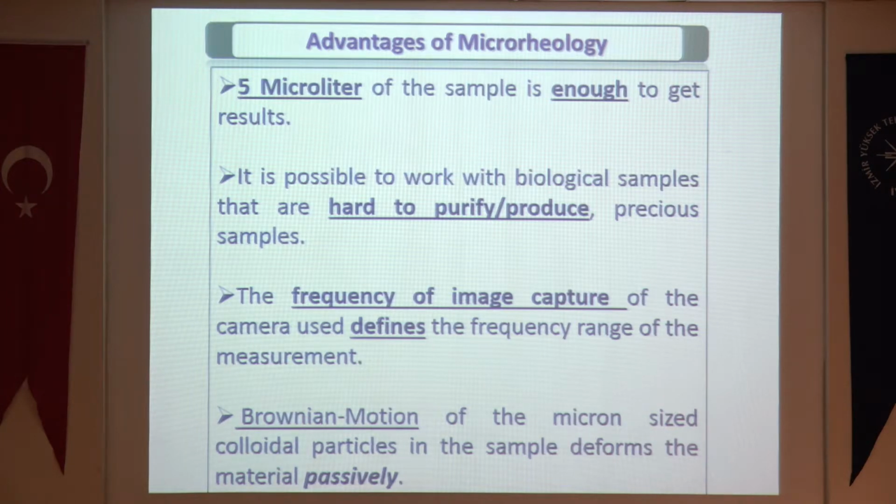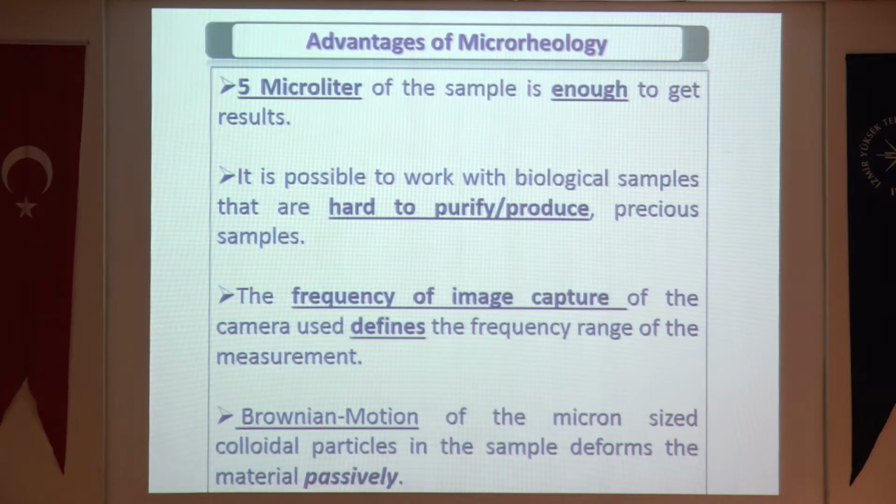The main idea of this microrheology is that the Brownian motion of the micron-sized colloidal particle in the sample deforms the material passively. If you put a colloidal particle in a liquid, it will do a Brownian motion.